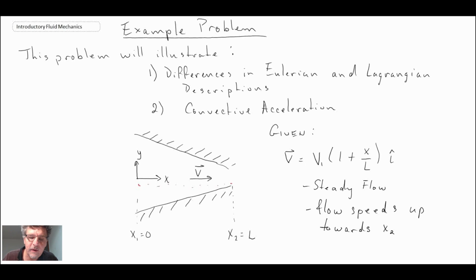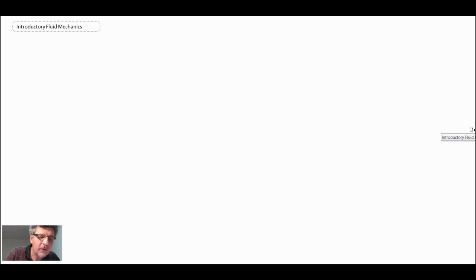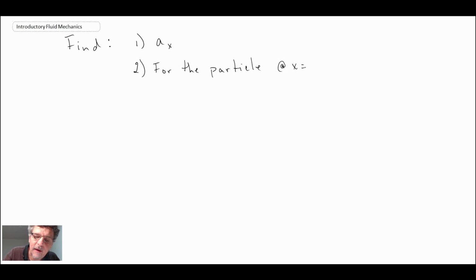Now what we want to find in this problem is the following. We're told to find two things. The first one is the acceleration in the x direction, and the second thing is in a particle formulation. So considering a particle of fluid at x equals 0 and t equals 0, find the following.